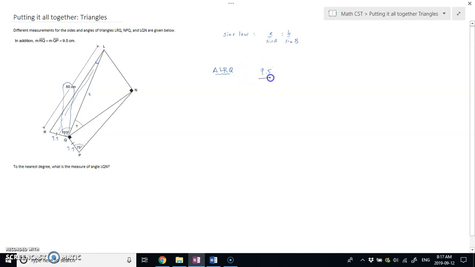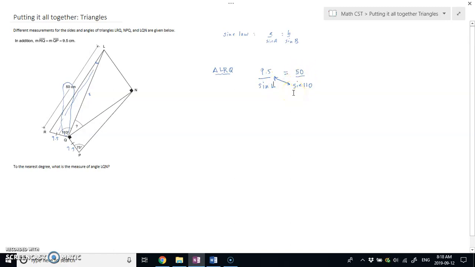9.5, which is a side, over its unknown angle, and I'll call it angle L, equals another known side, 50, over a known angle, sine of 110 degrees. Now when we do sine law, we always cross multiply the two things we have, like two places where there are numbers, and kind of divide by the lonely one here, which is the 50.